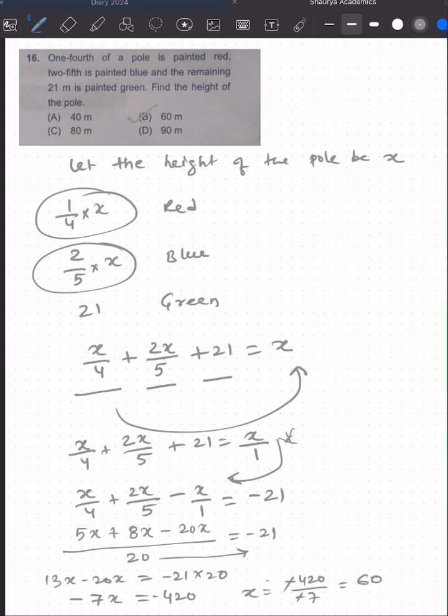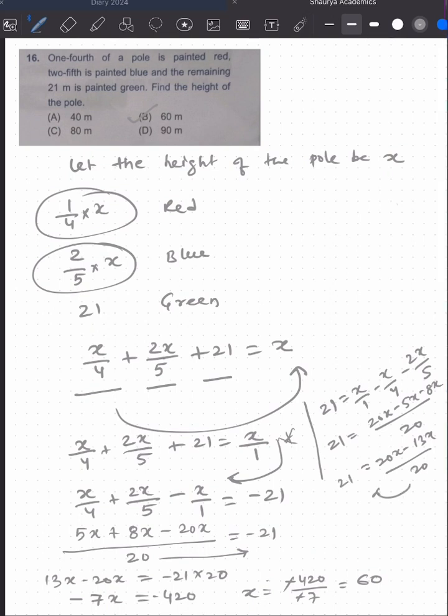So essentially your equation here would become 21 is equal to x upon 1 minus x upon 4 minus 2x upon 5. This will be 21 is equal to 20x minus 5x minus 8x is equal to 20x minus 13x upon 20.